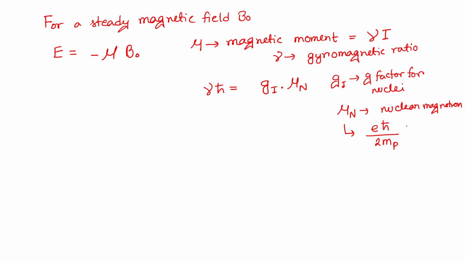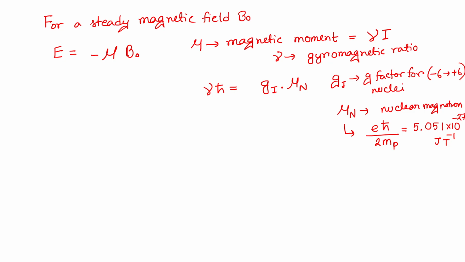As it is a constant it will be the same for all nuclei, which is something like 0.051 into 10 to the power minus 27, and the unit is joule per Tesla. And the G factor varies in a range from -6 to +6.